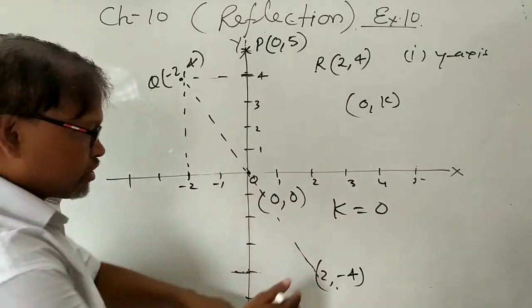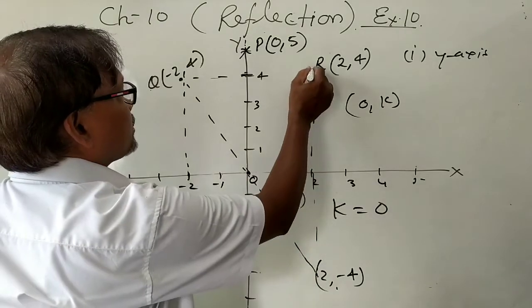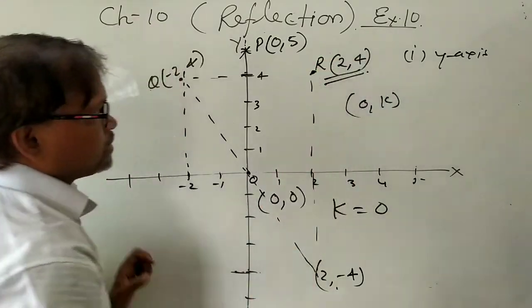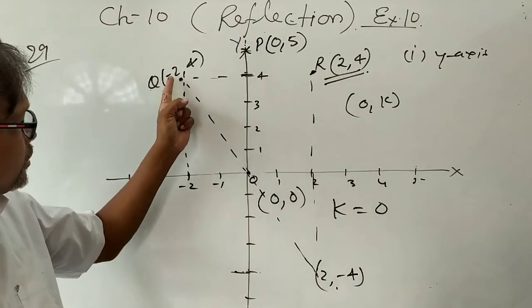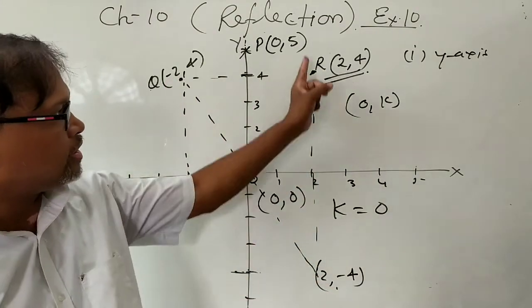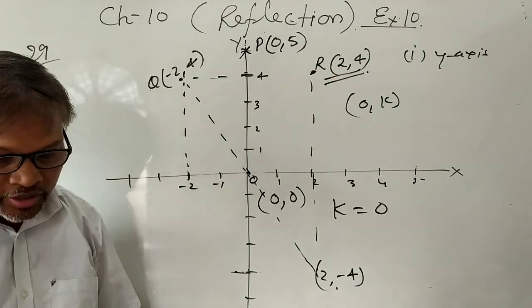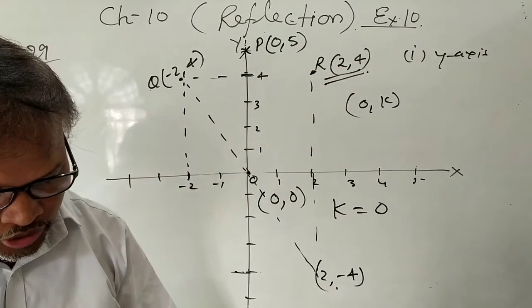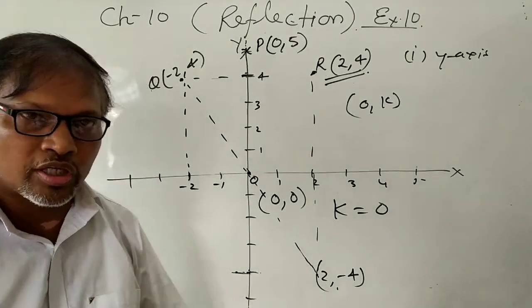So followed by reflection in the x-axis, you will get to this point. The last part is the coordinate of the image, first through the origin, then through the x-axis, it will be 2, 4. So this is the question, and every question is very easy.